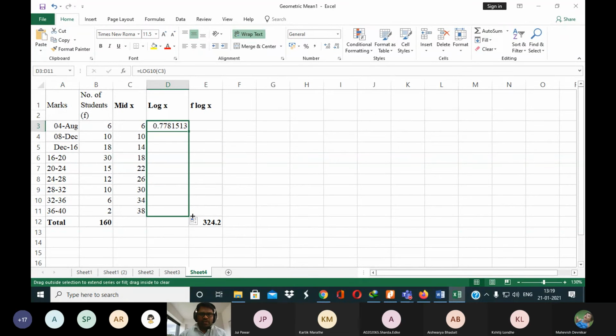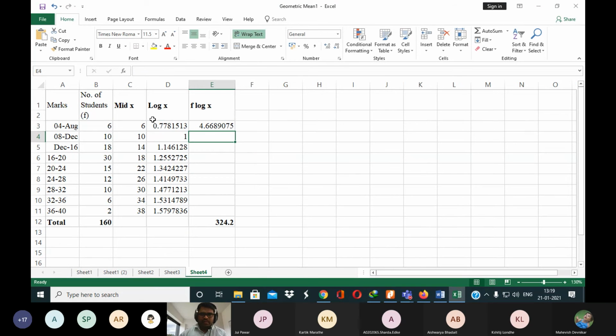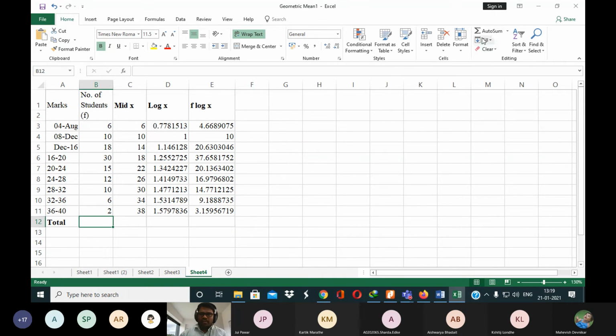Okay, so we have calculated the log value of all the items. Now you need to multiply this value with its respective frequency. The multiplication with the respective frequency will be like this. The total number of frequency is 109, which is already given in your question.